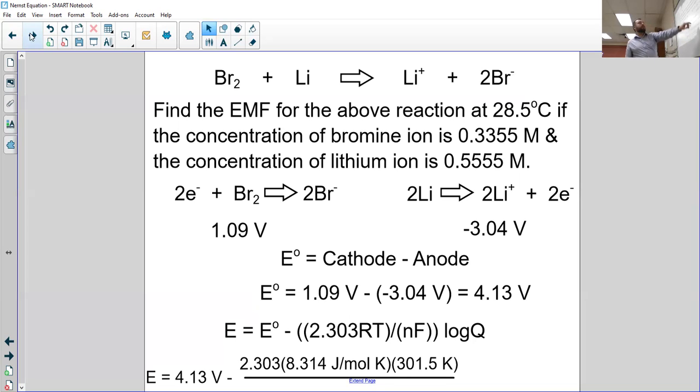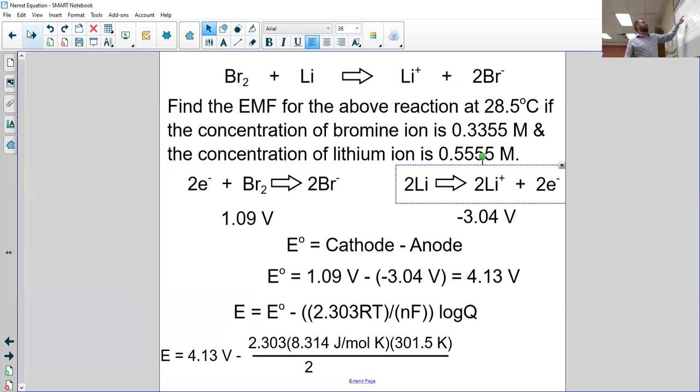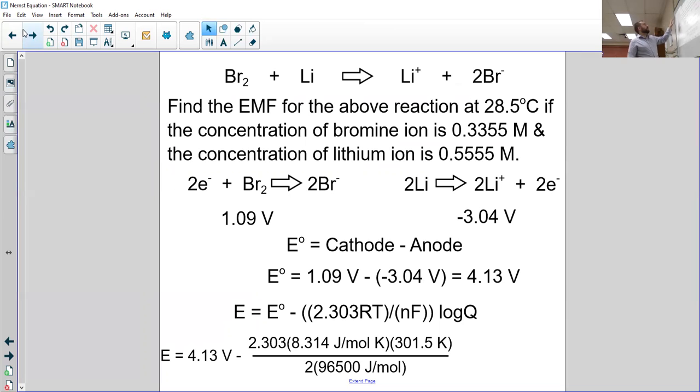We convert that into Kelvin from 28.5 degrees Celsius, so we add 273. That's all going to be over the number of electrons. That's why we multiplied our half reaction by 2, because we have 2 electrons for our bromine reaction, so we have to have 2 electrons for our lithium reaction. So the number of electrons is 2 times Faraday's constant. All that is times the log of Q, which is our concentration of reactants and products.